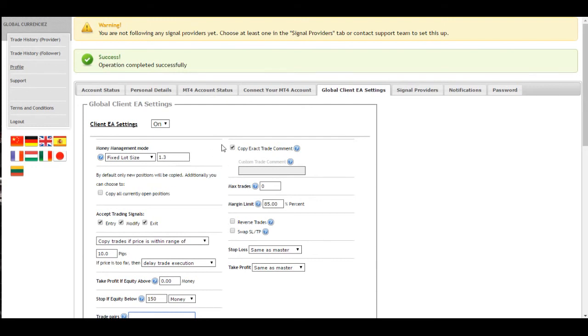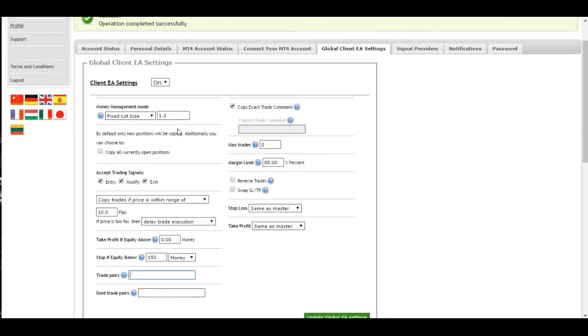So once we have our settings, you can take a look at what I've done. Obviously, your stop equity is going to be different if you want one at all, but this is what I tell people. Definitely not a fixed lot size. You want a lot multiplier, 1.3.